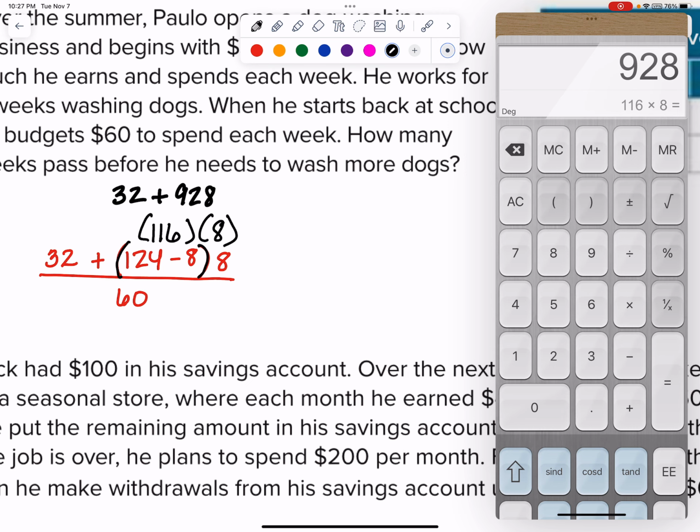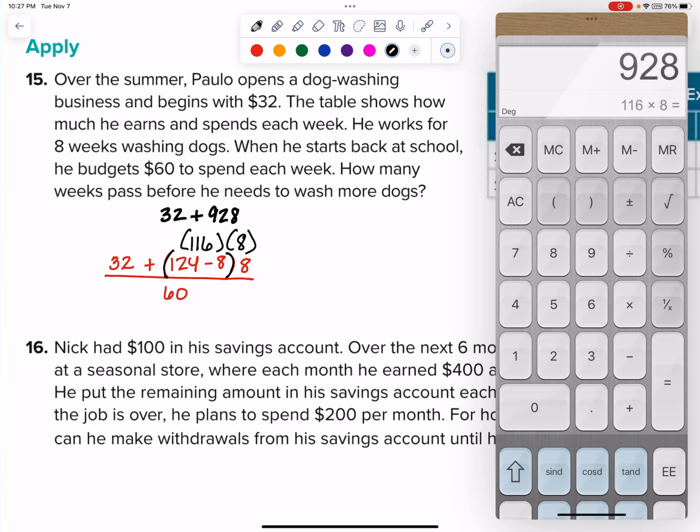Because we have to take care of the numerator first, I'm just sort of working up, so you can see we're almost doing this upwards pyramid. We end up with 32 plus 928 in the numerator, $960. And so that's what he earned and has in his bank account after 8 weeks.